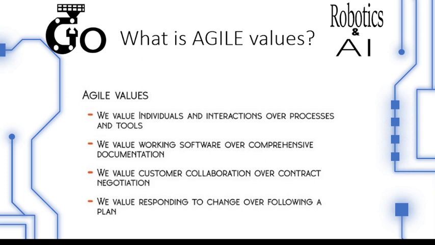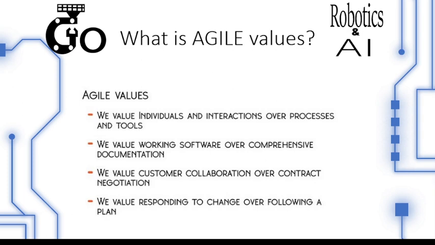And the second one: we value working software over comprehensive documentation. And the third one: we value customer collaboration over contract negotiation. The last but not the least says: we value responding to change over following a plan. So these are the highlights of the 4 values.